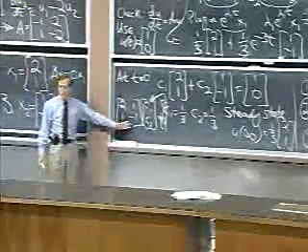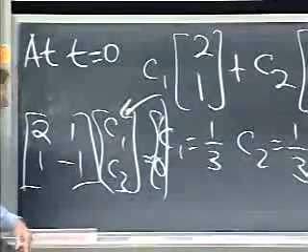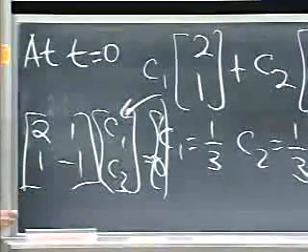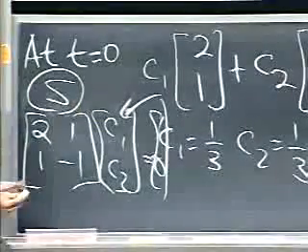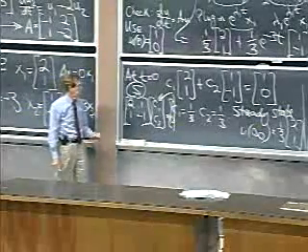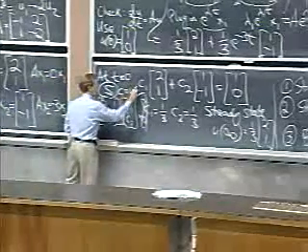What matrix are we dealing with here in this step of finding the C's? Its letter is S. It's the eigenvector matrix. Of course, these are the eigenvectors. They're in the columns of our matrix. So this is SC equals U of 0.